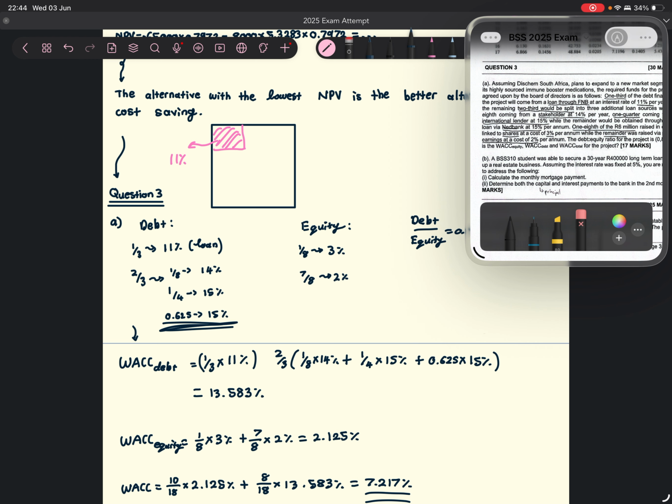So 1/8 of the remaining 2/3 has a cost of 14%, and then 1/4 of the remaining 2/3 has a cost of 15%, and then the rest has a cost of 15% as well, right? And when calculating the WACC, what we do is we multiply the weighting by the cost. So it's the weighted average of everything, basically.